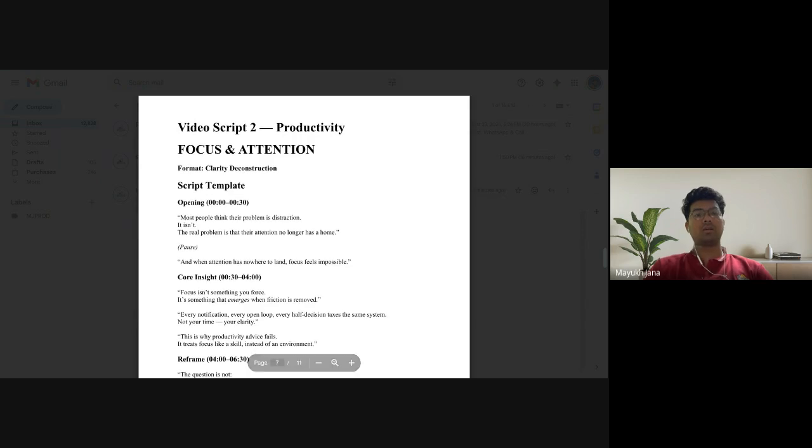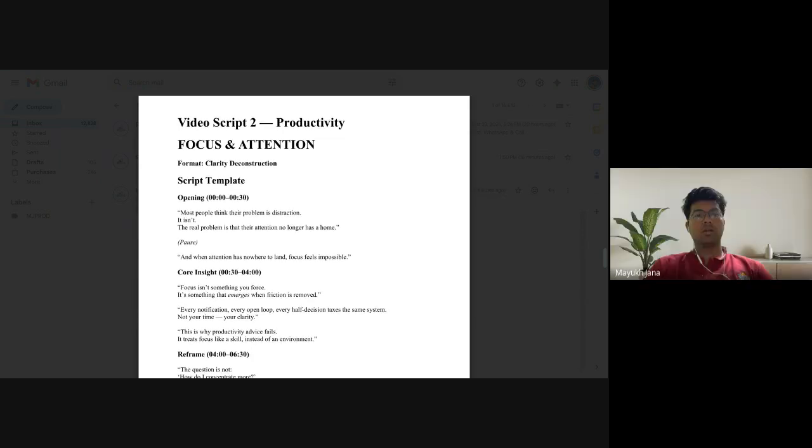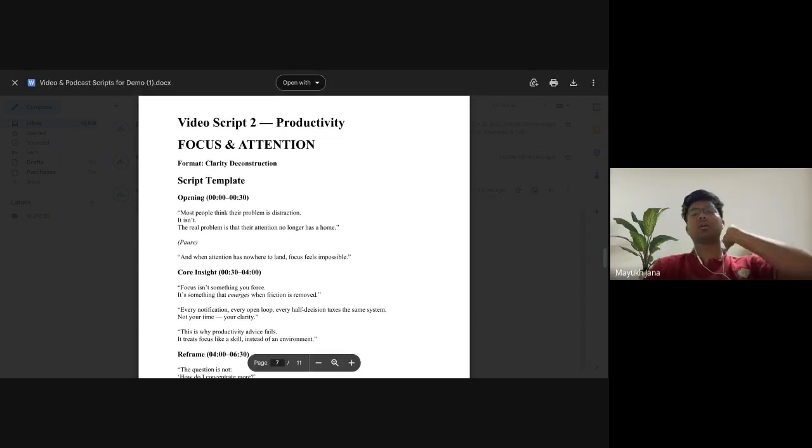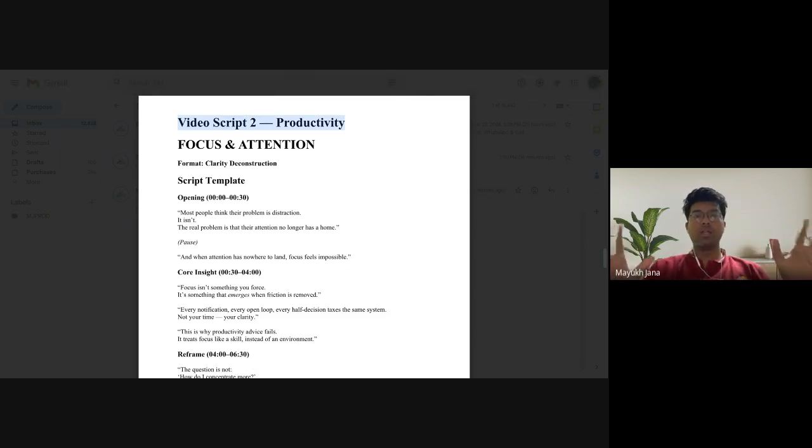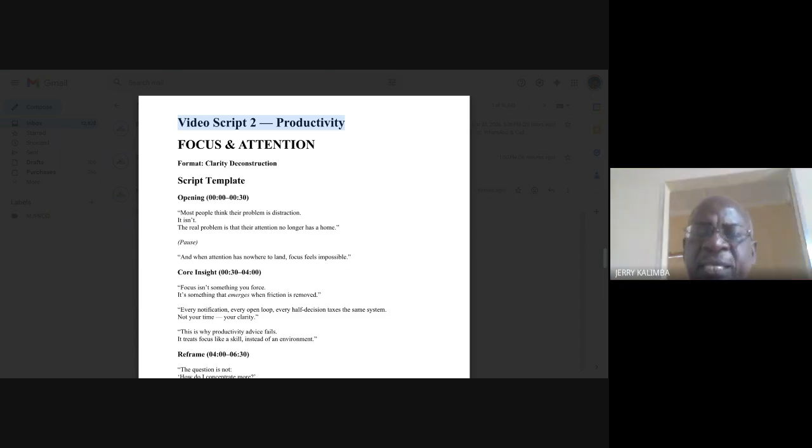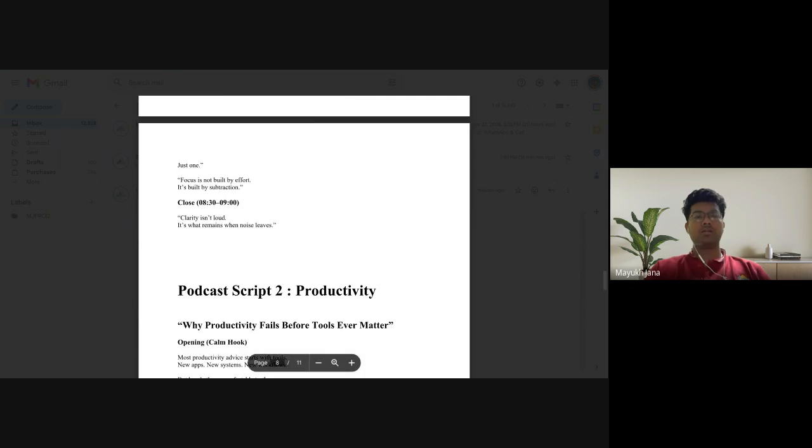For the demo you need the two videos, and at the same time, when the project starts, you're also going to do three for wellness and three for productivity.